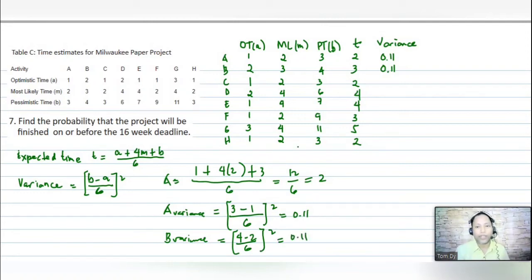That is 0.11. And then for letter C, I have already computed, that is 0.11. And then for variance D, that is 0.44.